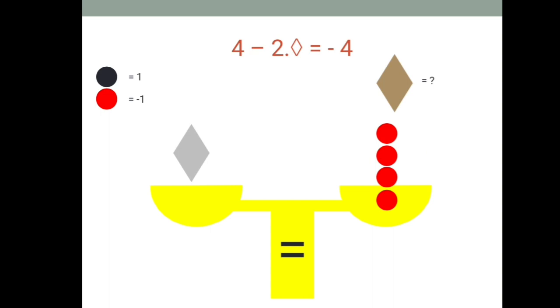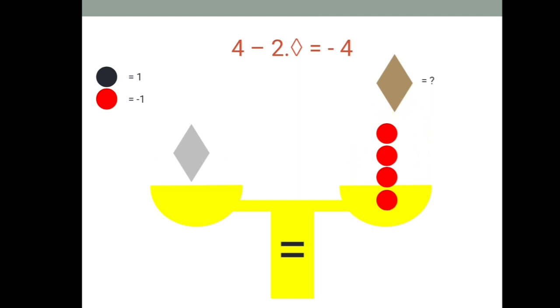And we have to focus, our goal is to find the value of the rhombus, and here is a negative rhombus, a negative value. So we can make this become positive, and this becomes positive too.